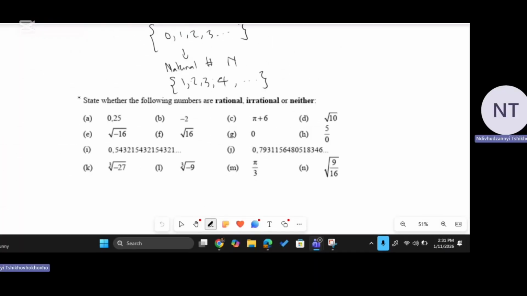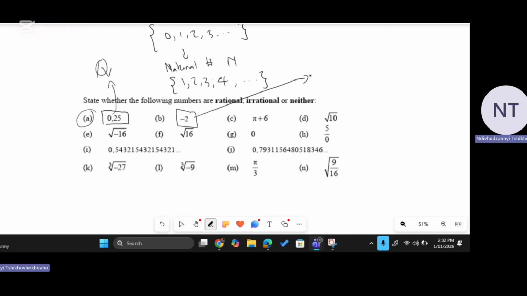Okay, so let's go through the examples that I have here. They say state whether the following number is rational, irrational, or neither, right? If you look at A, you can see it's 0.5, 0.25. And under rational numbers, I defined it as a terminating decimal. So this would fall under rational numbers. I'll just write Q there. Then we have -2.